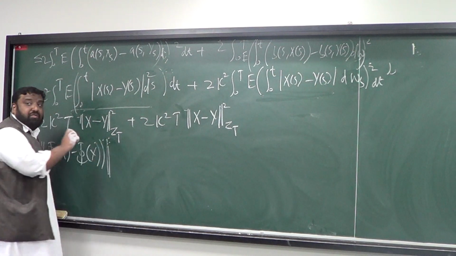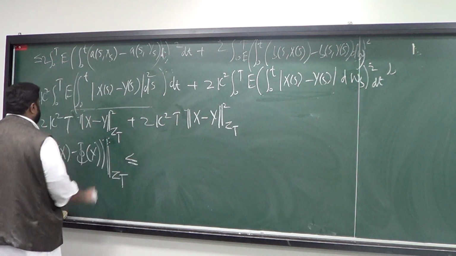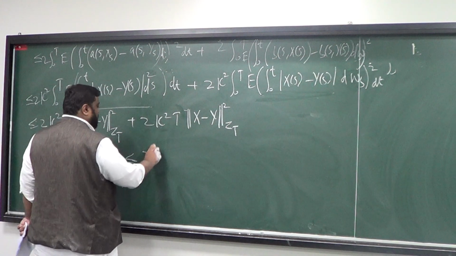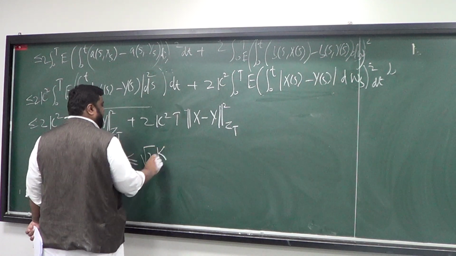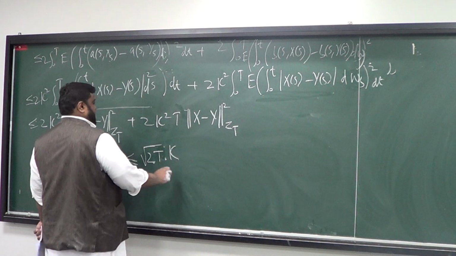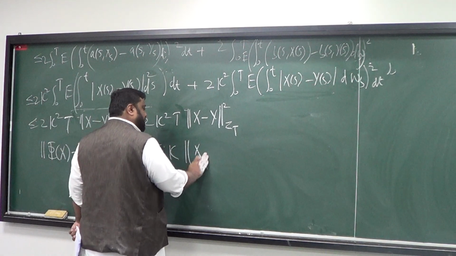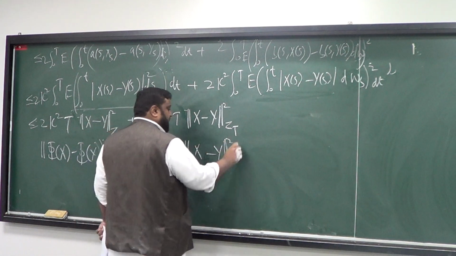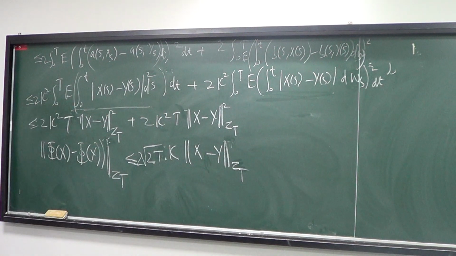If I get rid of the square, this can be estimated by square root of 2k, or maybe square root of 2tk, times the norm of x minus norm of y square. Exactly. Okay? So you get this. So this shows that this is Lipschitz. Okay?